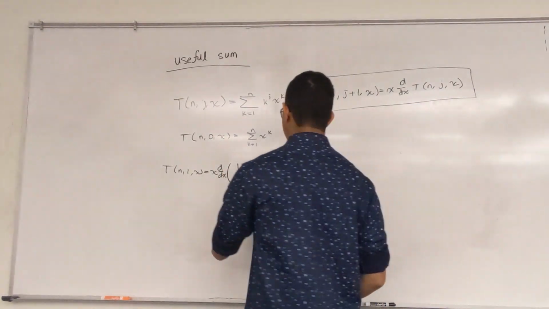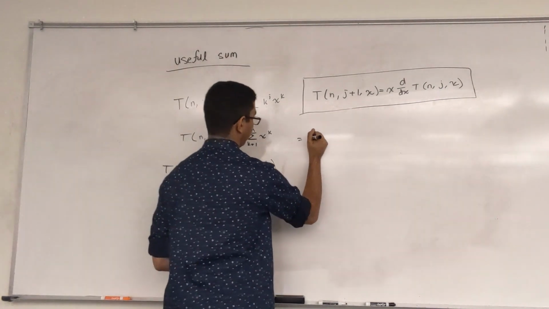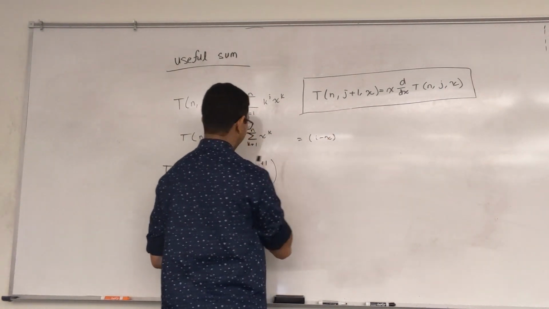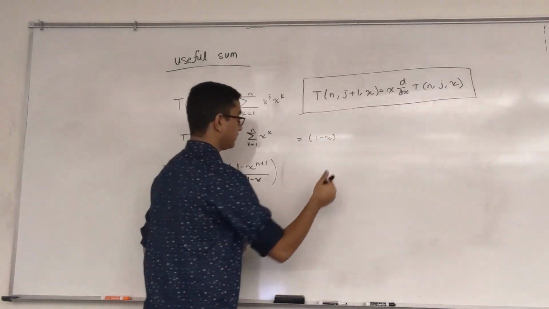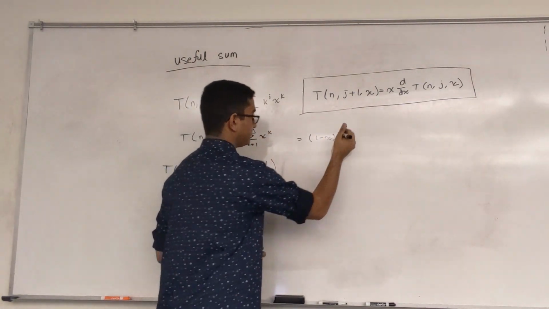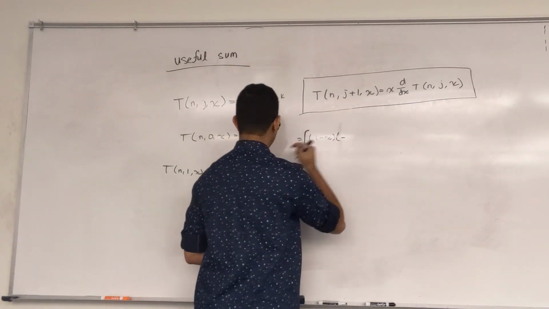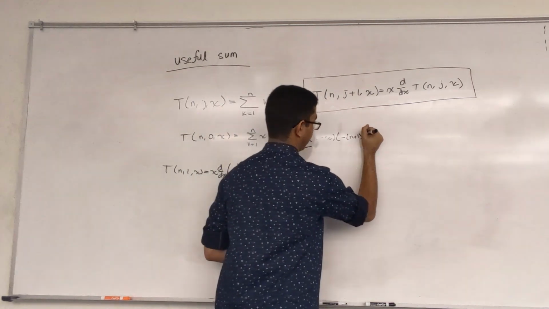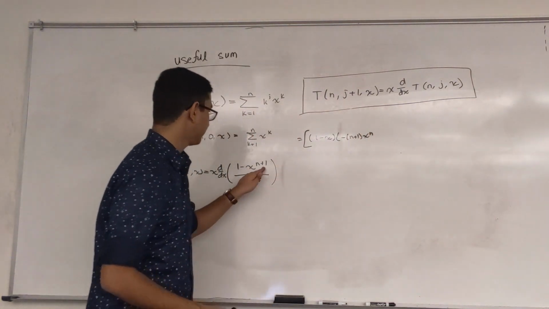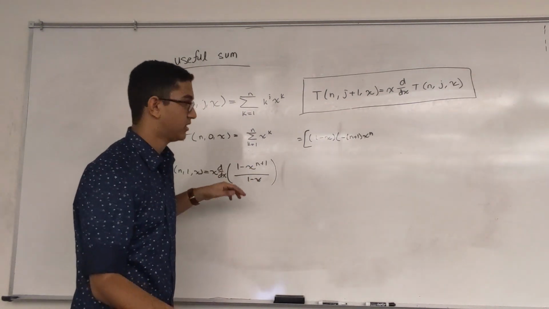So we take the denominator times the derivative of the numerator. The derivative of the numerator is simply negative n plus 1, and then x to the n. Because we're taking the derivative of this, the derivative of 1 is just 0, so it's not important.